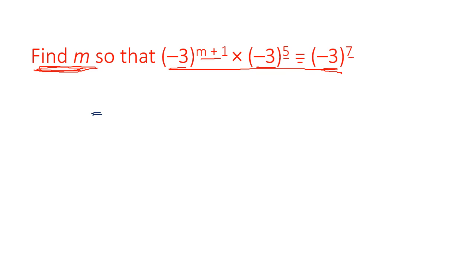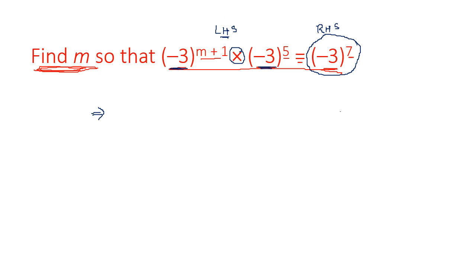So we'll first apply the rules. We'll take the left hand side and right hand side. Now the right hand side is given in its simple form, so there's nothing to be done here. What we have to do is simplify the left hand side. Which rule will we apply? We can see the base is the same and it is multiplication.